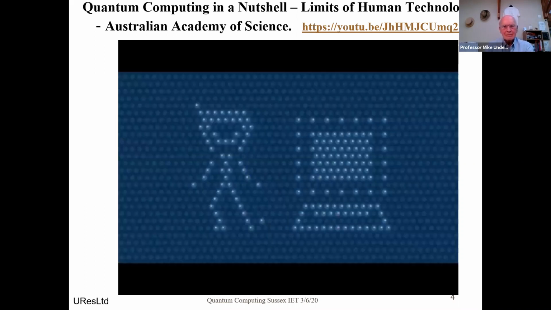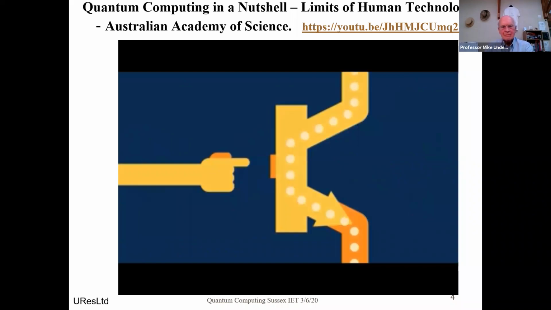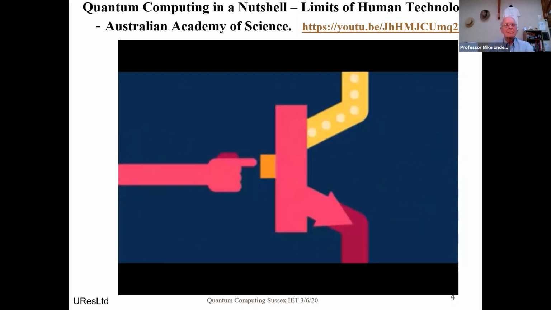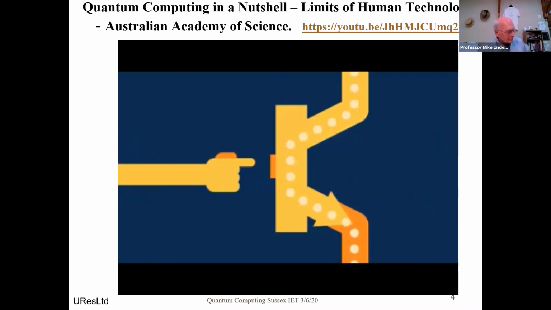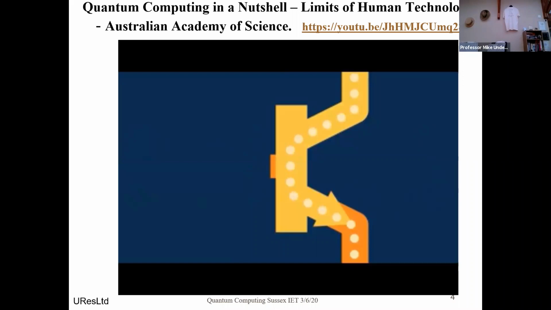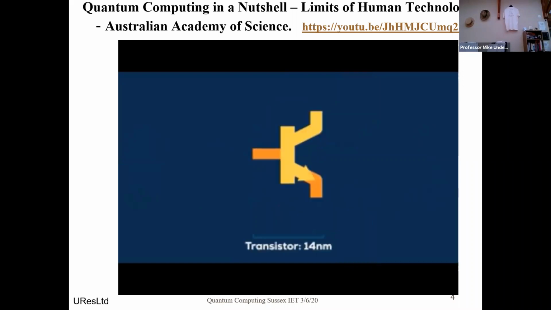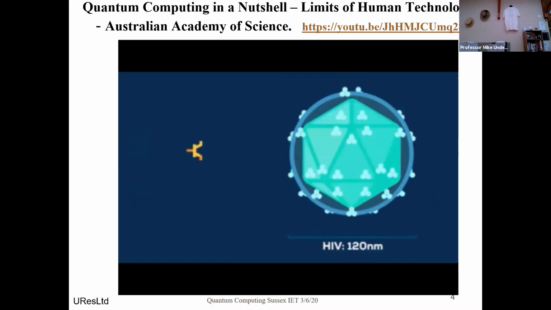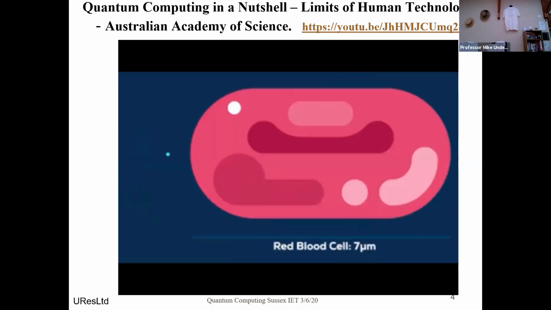However, with parts getting tinier and tinier, quantum physics are making things tricky. In a nutshell, a transistor is just an electric switch. Electricity is electrons moving from one place to another, so a switch is a passage that can block electrons from moving in one direction. Today, a typical scale for transistors is 14 nanometers, which is about 8 times less than the HIV virus's diameter and 500 times smaller than a red blood cell's.